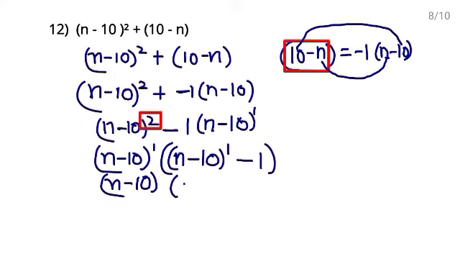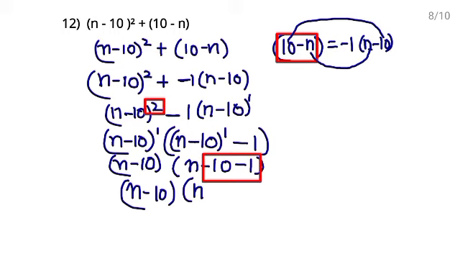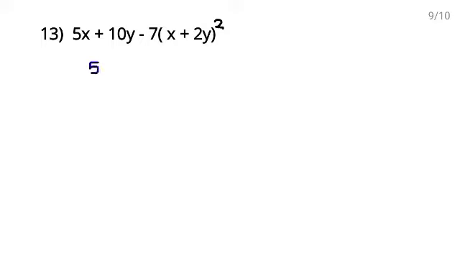In this bracket, n minus 10 minus 1. So this is (n minus 10) into (n minus, these are of same sign, so these will be added. 10 plus 1, 11, and that will be of minus sign. So this is n minus 11). This is your answer.